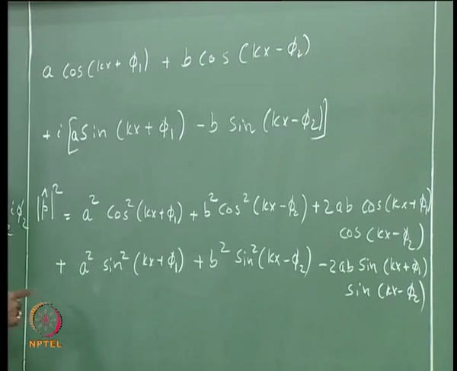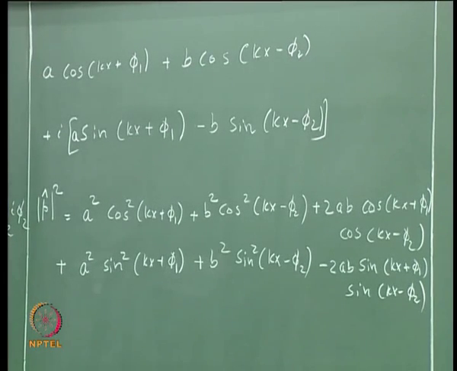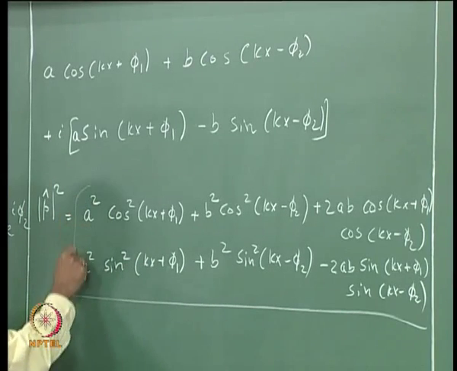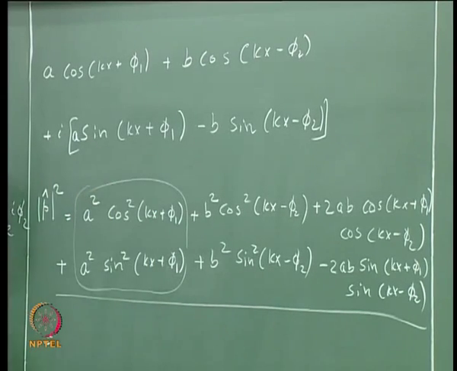So now if we try to add these terms, it simplifies a lot. So this term, we know that sine squared theta plus cos squared theta is 1.